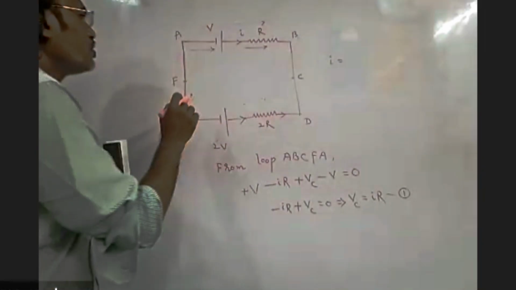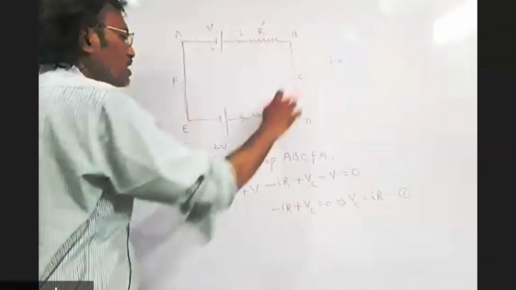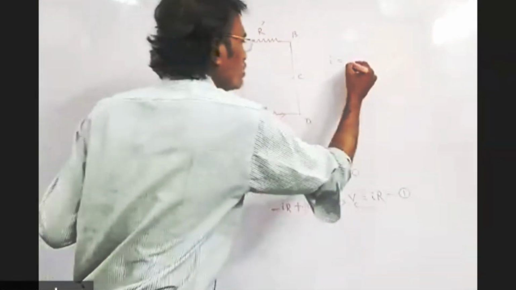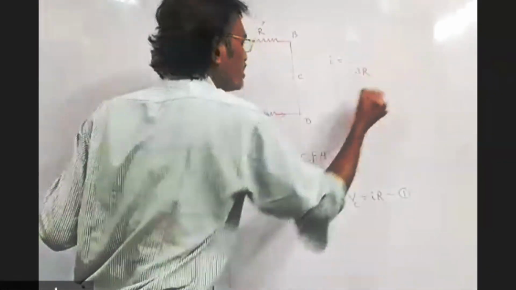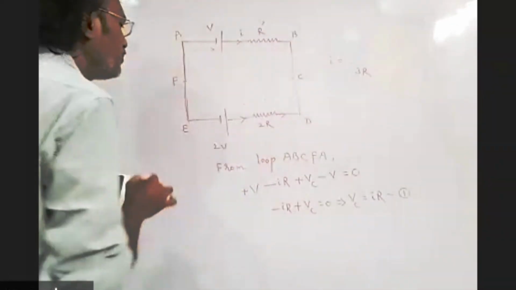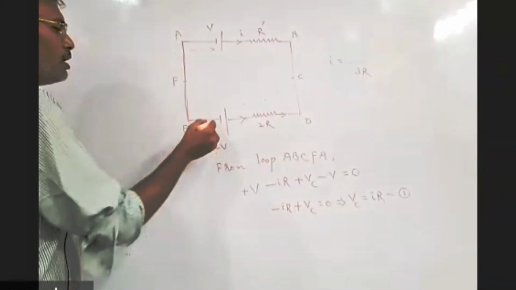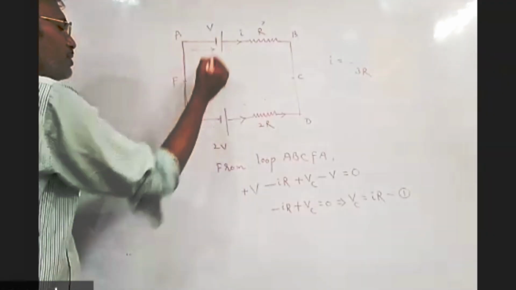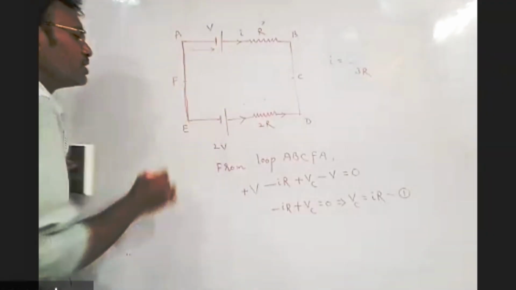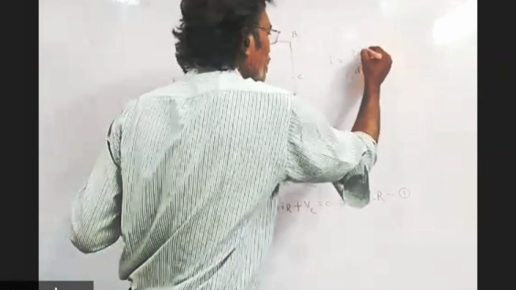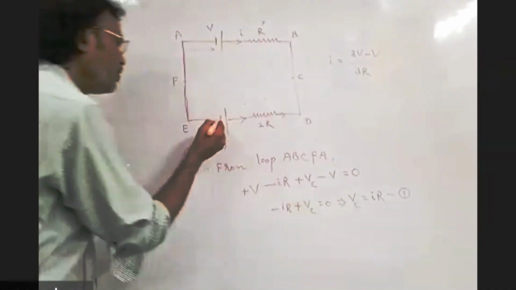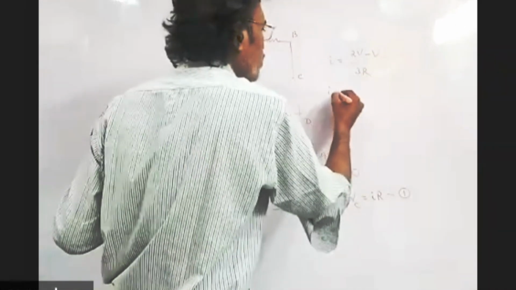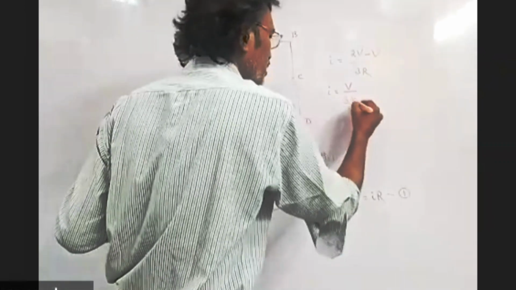In this case, just observe carefully. This is the only circuit here. R and 2R are both in series combination, so the total resistance is R plus 2R, 3R. And this negative terminal, see here, is connected to negative terminal. Negative to negative connected, so the net potential is 2V minus V. Then I is equal to V by 3R.